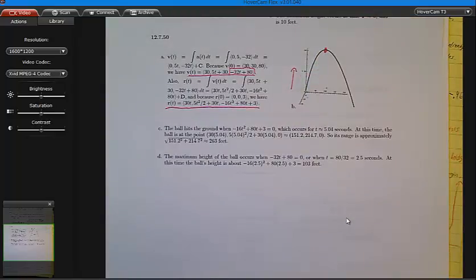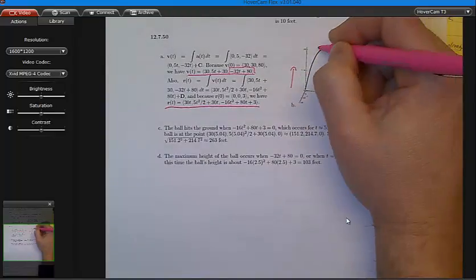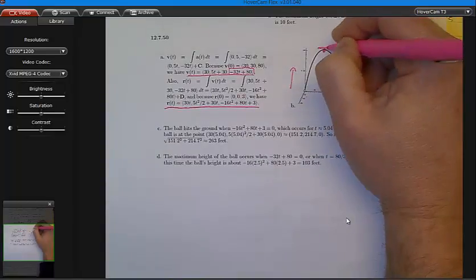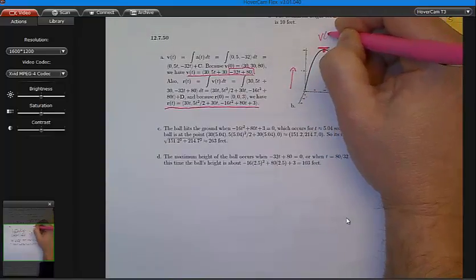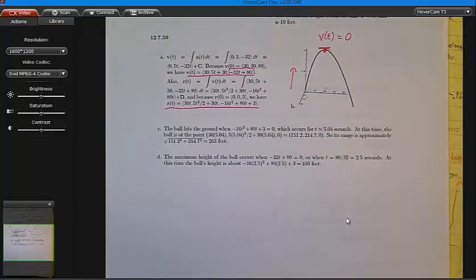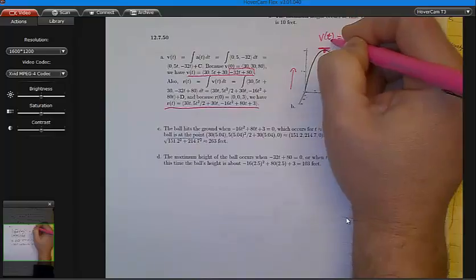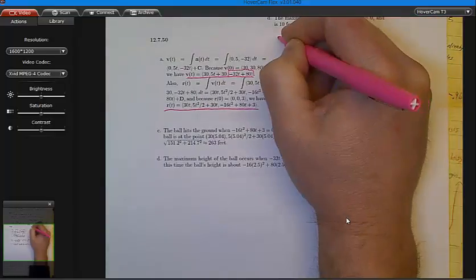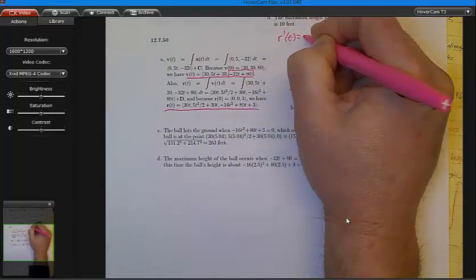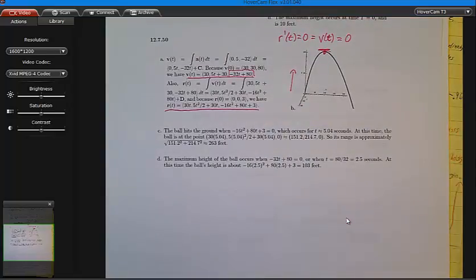That's a positive velocity, right? It's at a maximum when v of t is 0, right? First derivative equals 0. Matter of fact, that's an even better way to think of it, because r prime of t equals 0. That's how you find maxes. So that's what they did.